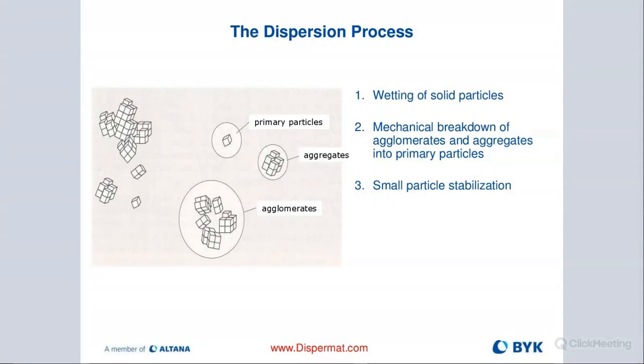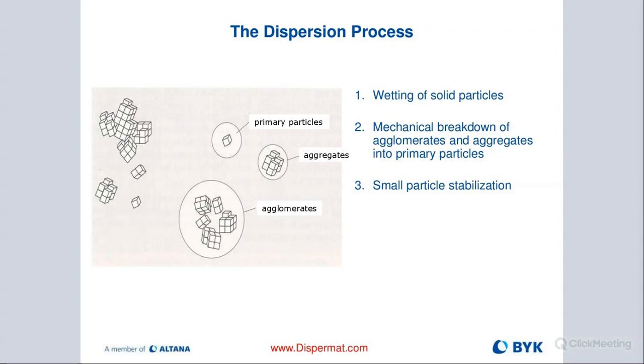So basically, just to give you a little bit of an overview of what's actually happening during the dispersion process. We're trying to wet these solid particles as we're introducing them, for example, the carbon black, and then we try to break down these agglomerates, which are these larger clusters of particles.